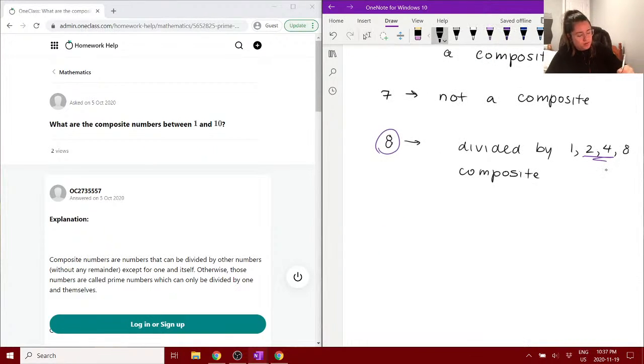And then we have 9. Well, that we know is divisible by 1, 3, and itself. So since it can be divided by 3, it is also a composite number.